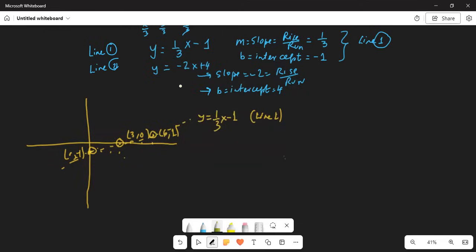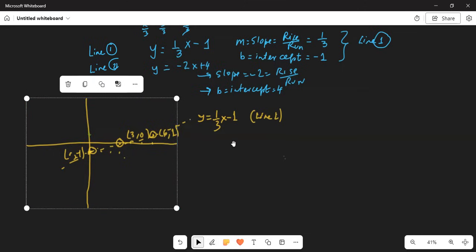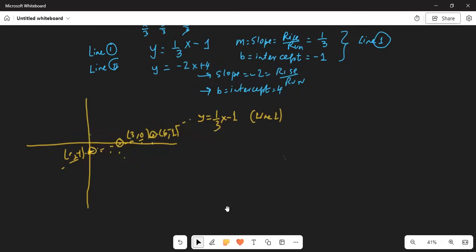Okay, so for line 2, this is line 1. Line 2, the intercept is 4. That means we go like this, 1, 2, 3, 4.